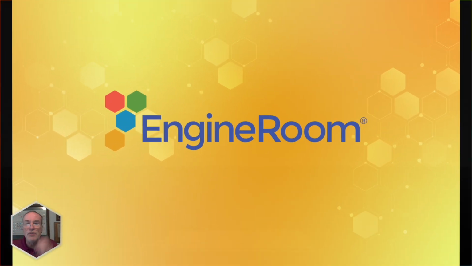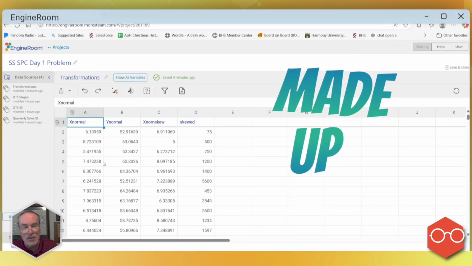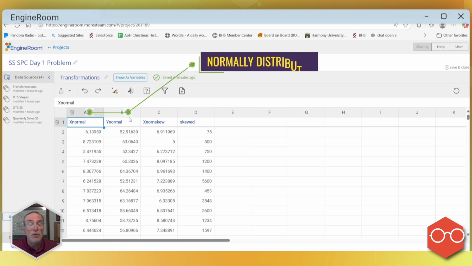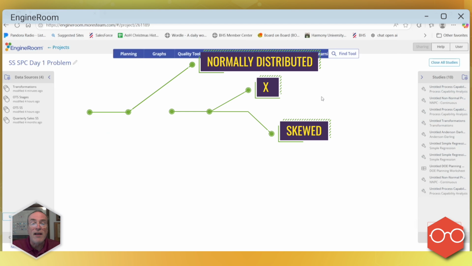So I'm going to go to Engine Room, and I've got a data set, and all of this data is just made up. There's nothing industry specific about it. So I've got a couple of columns where the data is normally distributed, X and Y, and I've got another that I'm going to have X and then a skewed Y column.